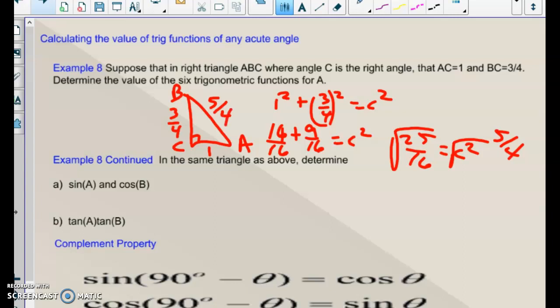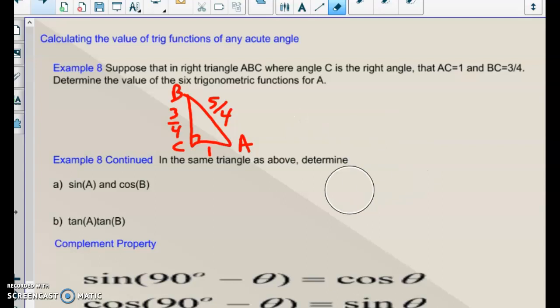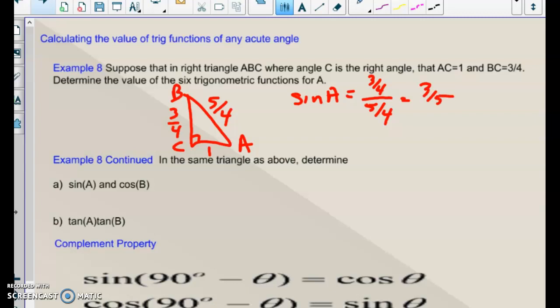Now, if I want to determine all of the trig ratios, I'm going to say the sine of A is the opposite over the hypotenuse, so 3/4 over 5/4. Simplifying that gives me 3/5. Then the cosine of that same angle is the adjacent over the hypotenuse, so 1 over 5/4 gives me 4/5.